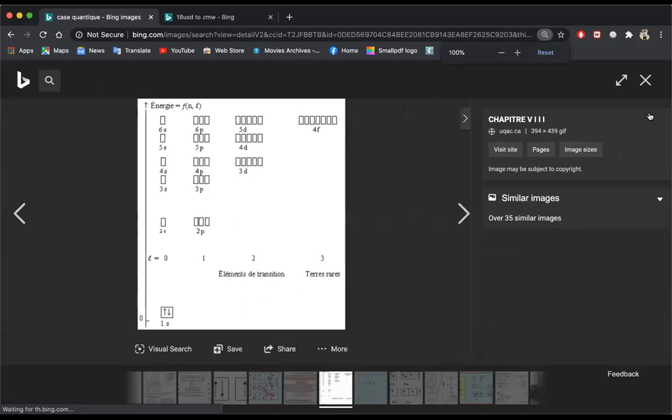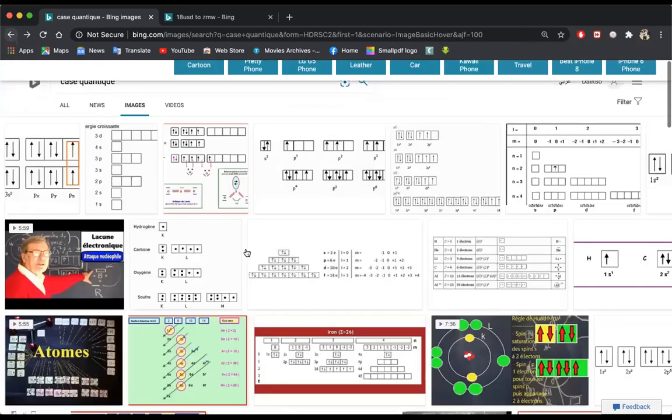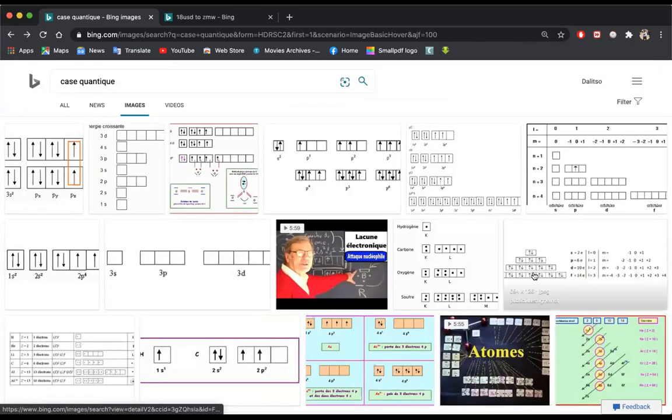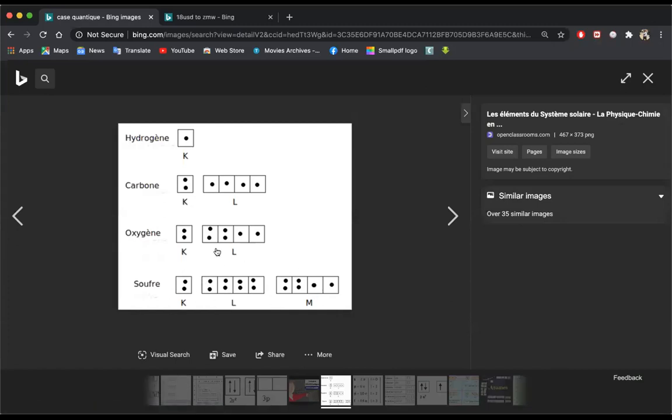Let me look for another image. There's also this one. You see, different representations. There's one there, some are written like that. If you have been following what I've been saying all along, this is the K shell, which we are calling 1s, and this is the second shell L, which has the 2s2 and the 2p6, and the same applies at the end.